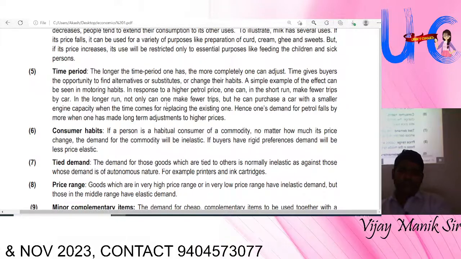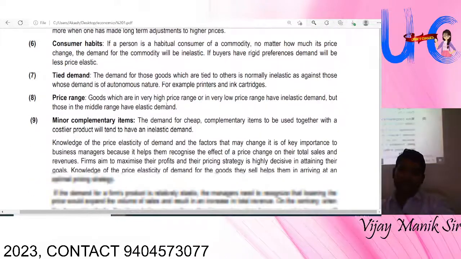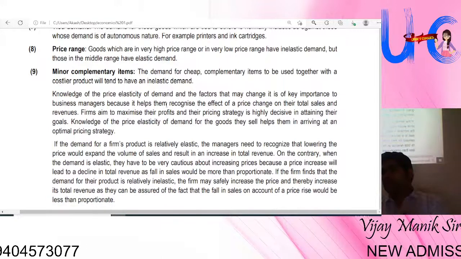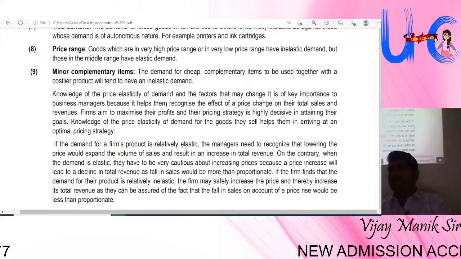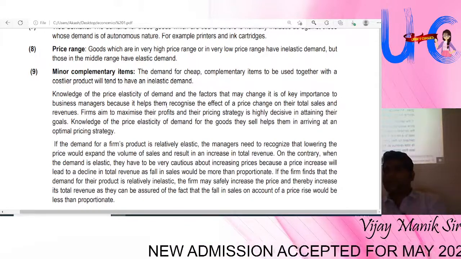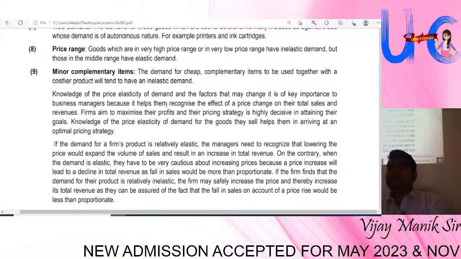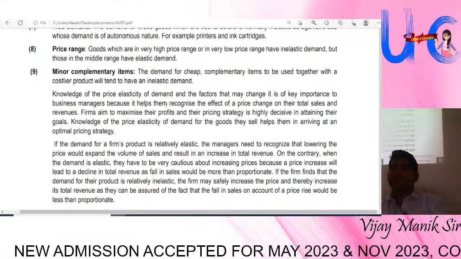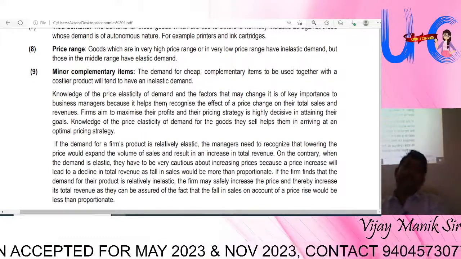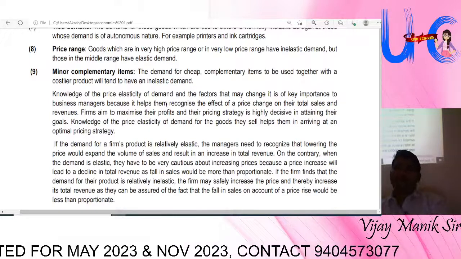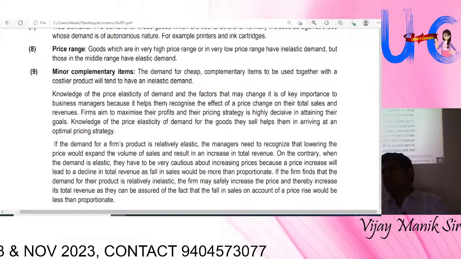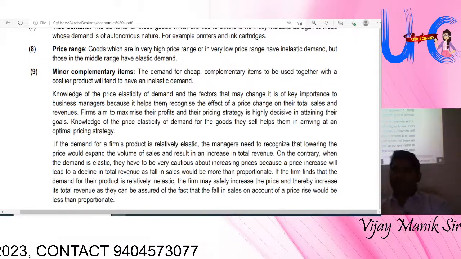Price range, and minor complementary items. You know very well which are the complementary items. When the demand is very low, then what happens? I am giving a very cheap example.